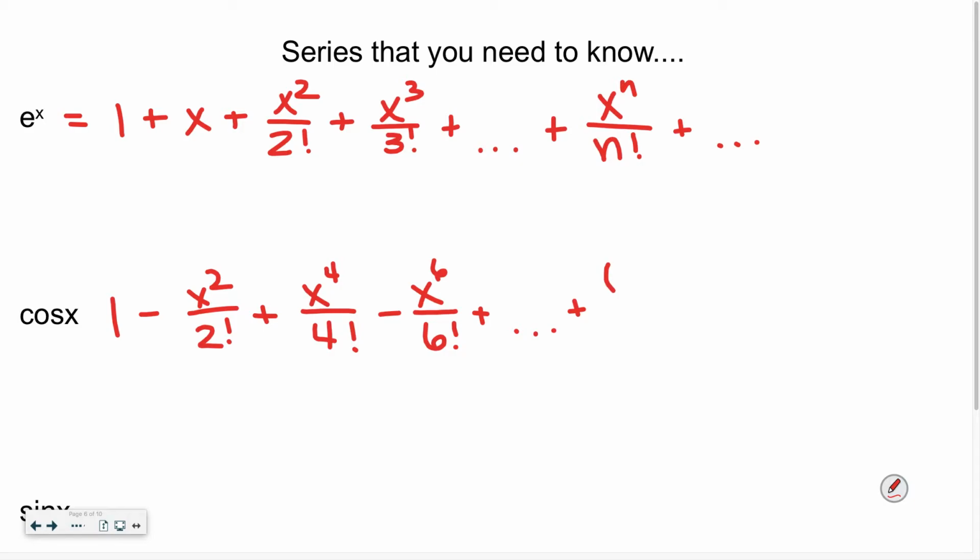Well, we alternate, right? So negative 1 to the n. What else? X to the 2n. X to the 2n over... how about 2n factorial? Since our power matches our factorial.